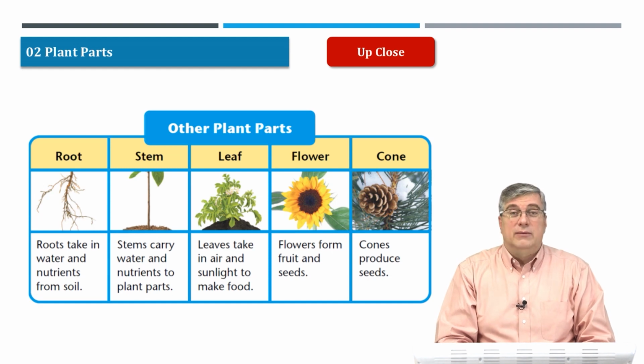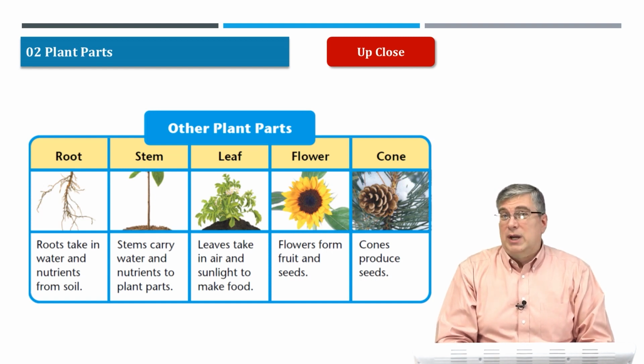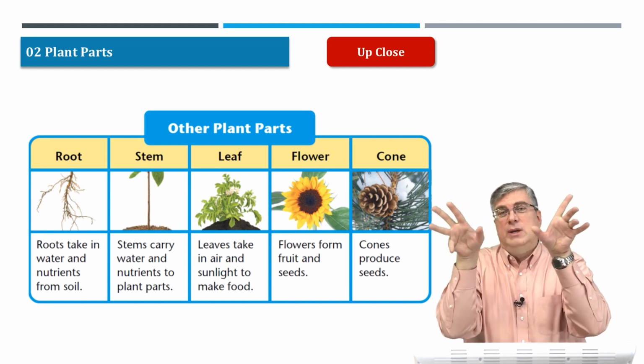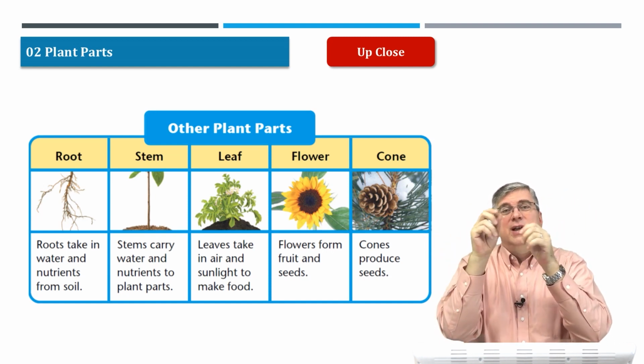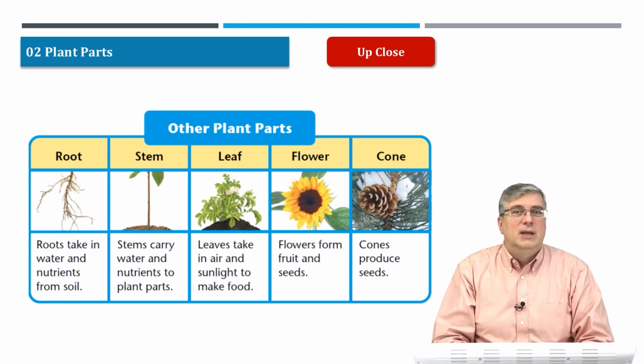Now, we have leaves. Of course, when we look at plants, we see, wow, they're green. When we're in nature, especially in the spring and the summertime, we look around and there's so much green. And those are the leaves on a plant. The leaves, of course, are the green parts on the end of the branches. They're thin. You can easily break them or take them off of a tree. And what do leaves do?